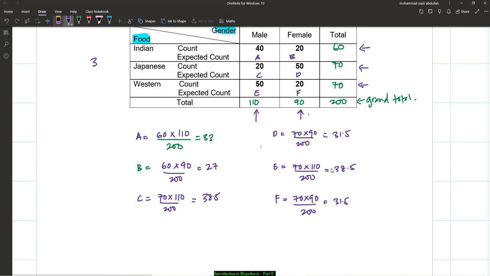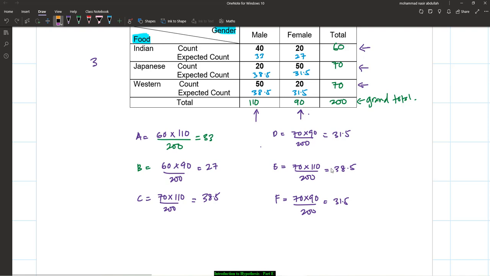So then once you already got the value, we just plug in the value inside the table. So this one should be 33, and B is equal to 27, C is equal to 38.5, and this one equal to 31.5, and this one should be 38.5, and the last one is 31.5.